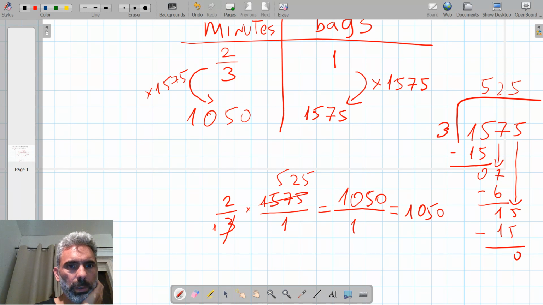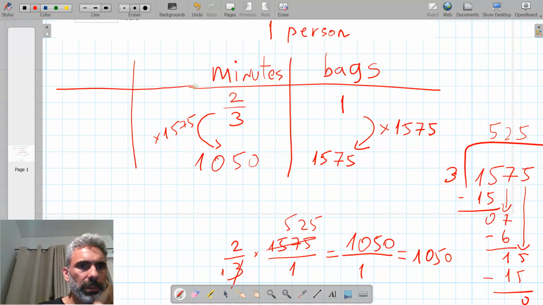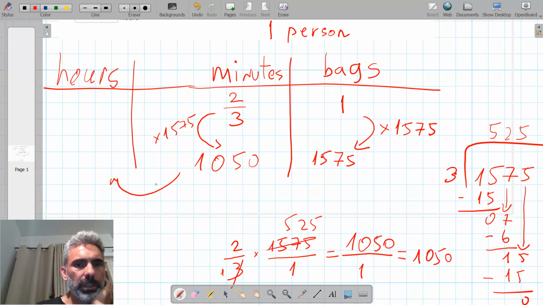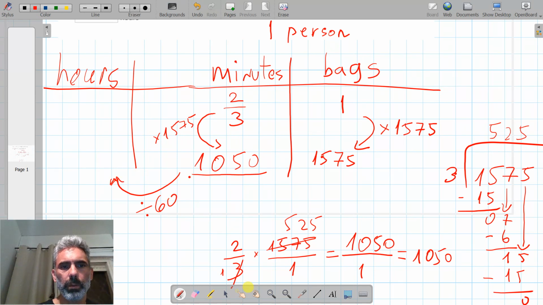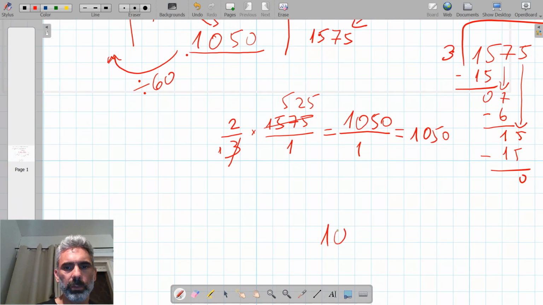Okay, so to know how many hours it takes to make this amount, I need to divide this number, which is in minutes, by 60. So 1050 divided by 60.